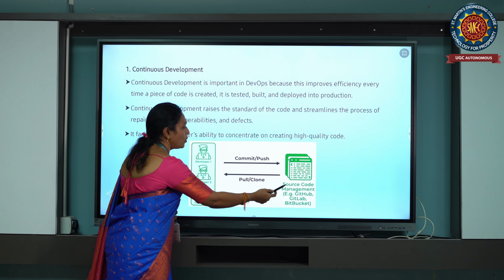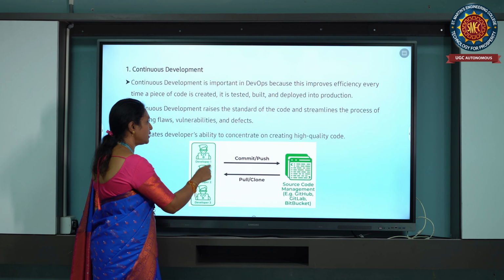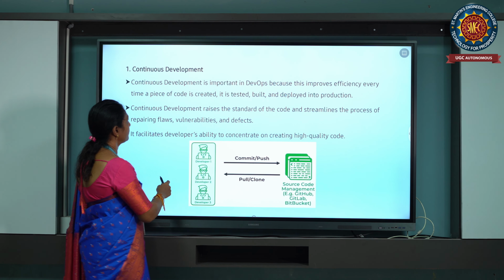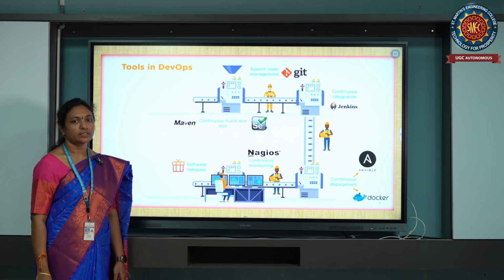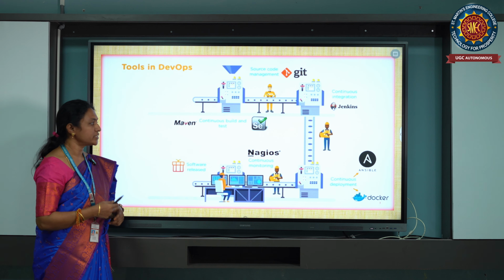After that, that code is pulled back from the source code management, and the process goes on here. Now I am going to show the video on DevOps, where we are combining the development team and the operations team.